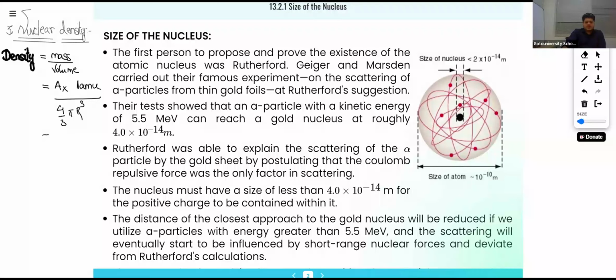So here it will be equal to A into 1 AMU upon 4 upon 3 pi into what is r cube? R naught A raised to 1 upon 3.